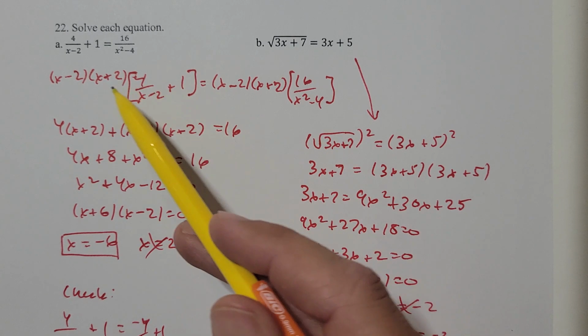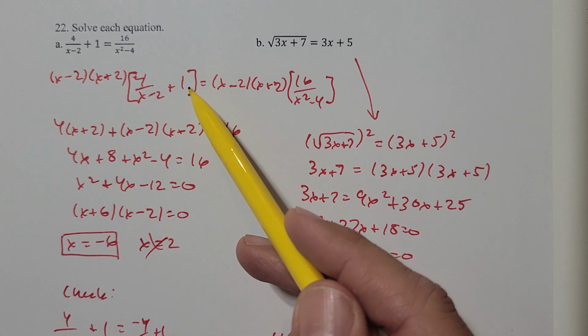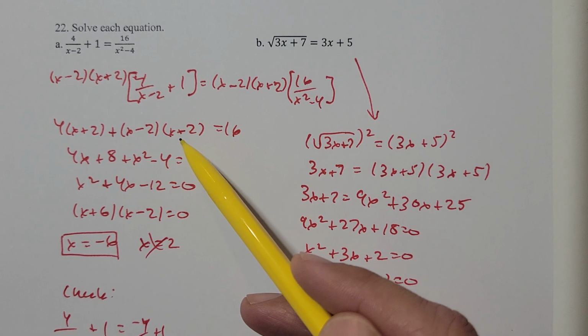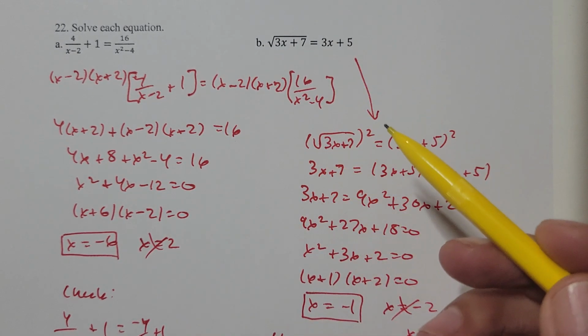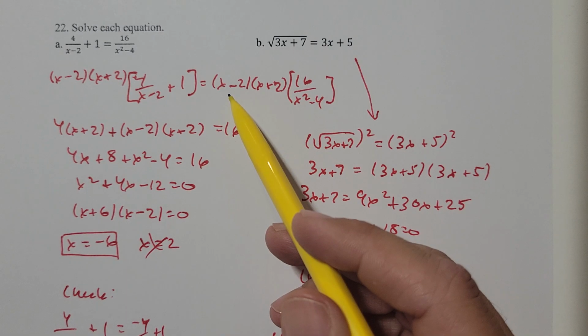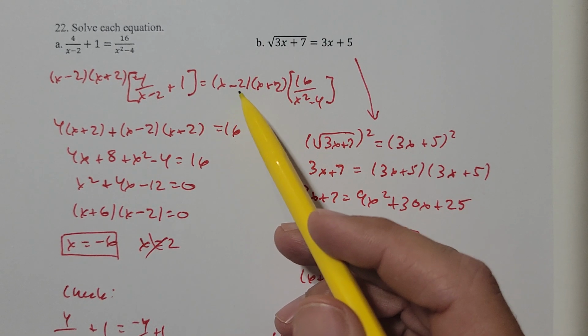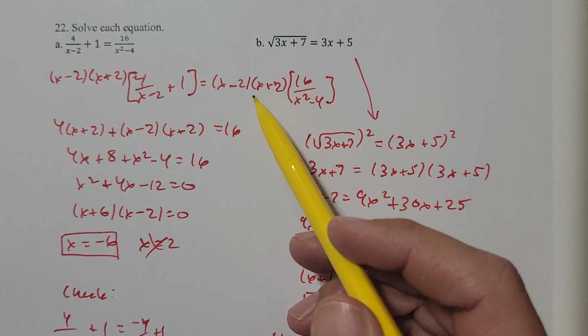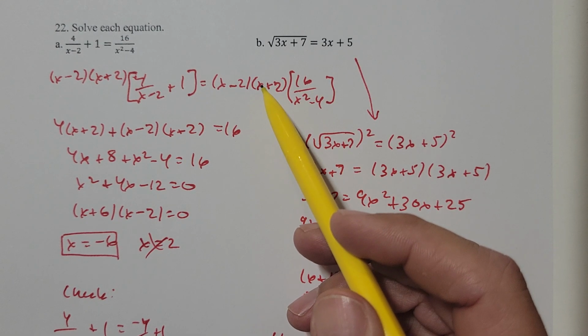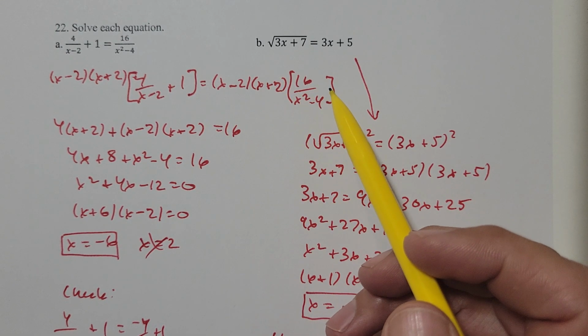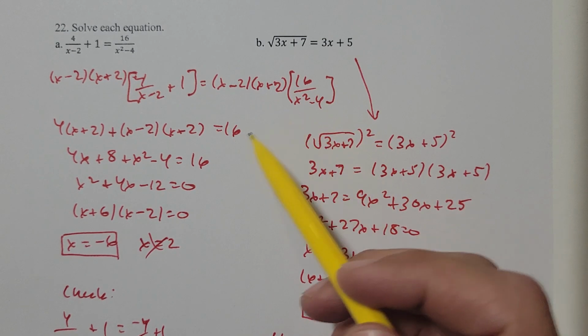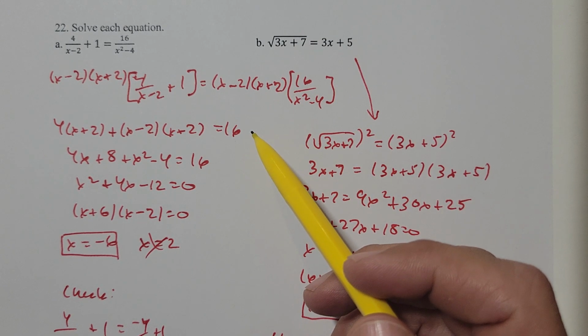And then plus x minus 2 times x plus 2 times 1 is x minus 2 times x plus 2. And then on the right, x minus 2 times x plus 2 is the same thing as x squared minus 4. So I've got an x squared minus 4 divided by an x squared minus 4. Those are gone, and I'm left with 16 there on the right.